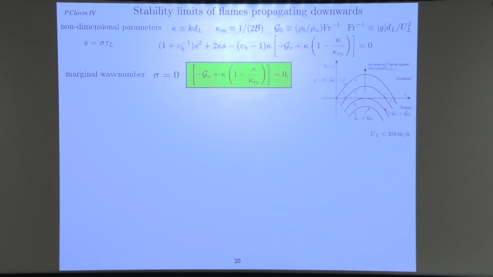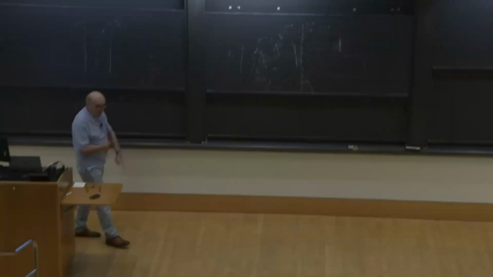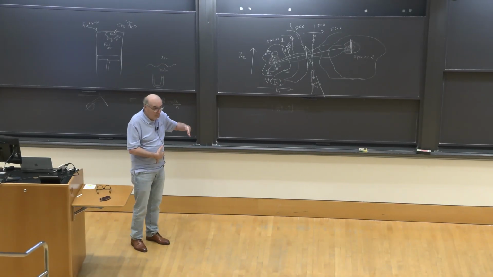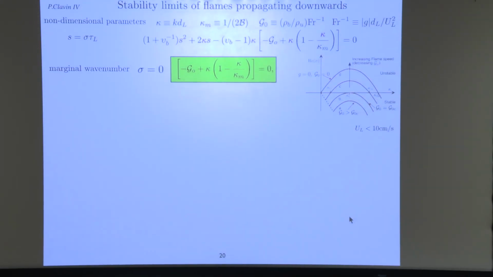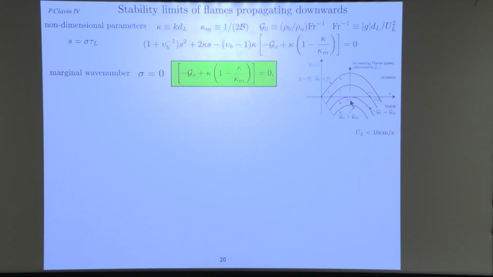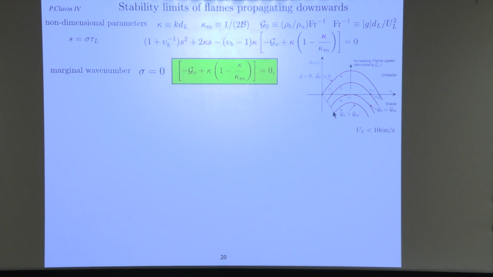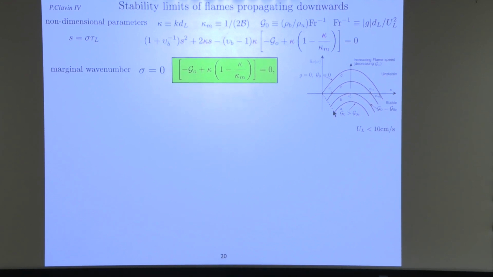If this G is sufficiently large, that is, if the laminar flame speed propagating downwards is sufficiently slow, there is no solution for this equation, and you are in the situation where there is no growth rate at all.